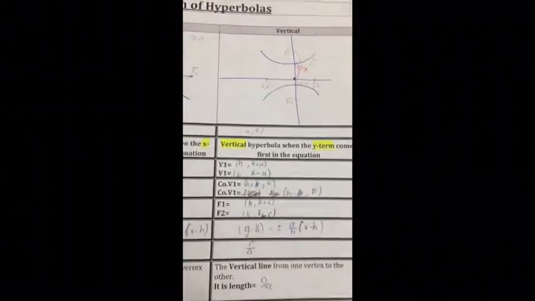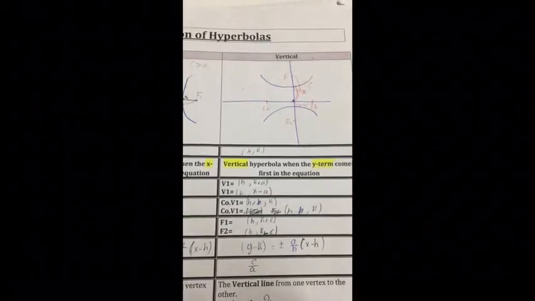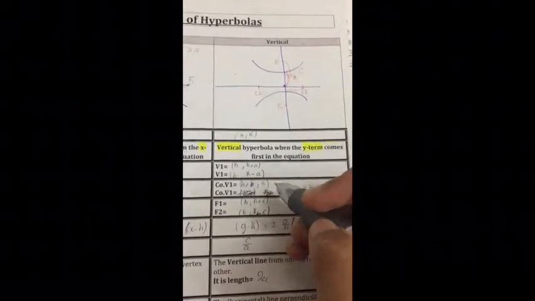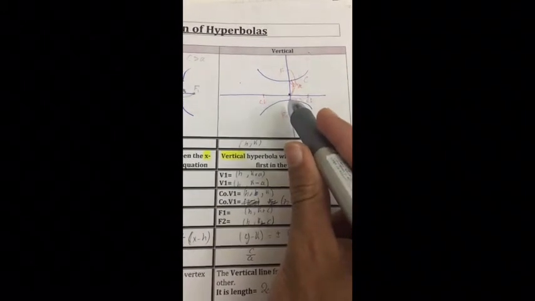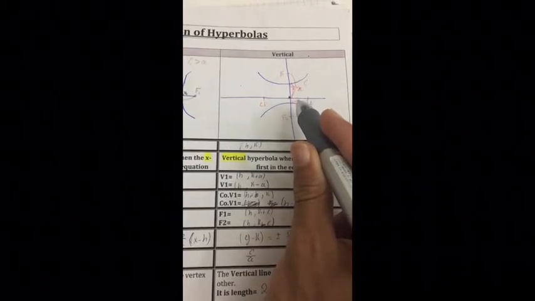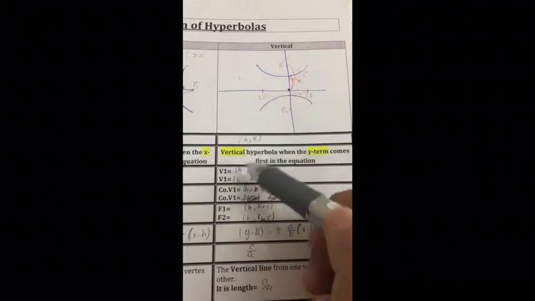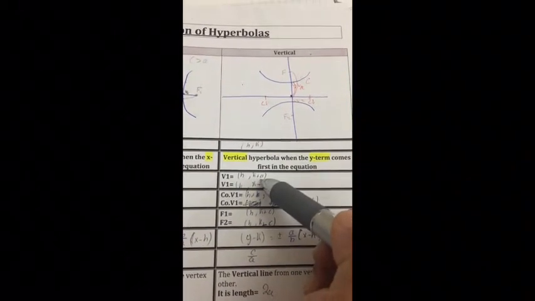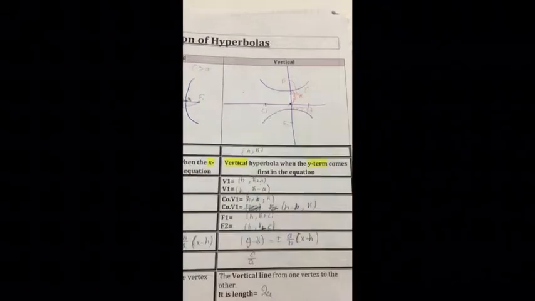That's it. So V1 is h, k plus a, V2 is h, k minus a. CV1 is h plus b, because b is on the x-axis, so we add b to h, and here we add a to k because a is on the y-axis.